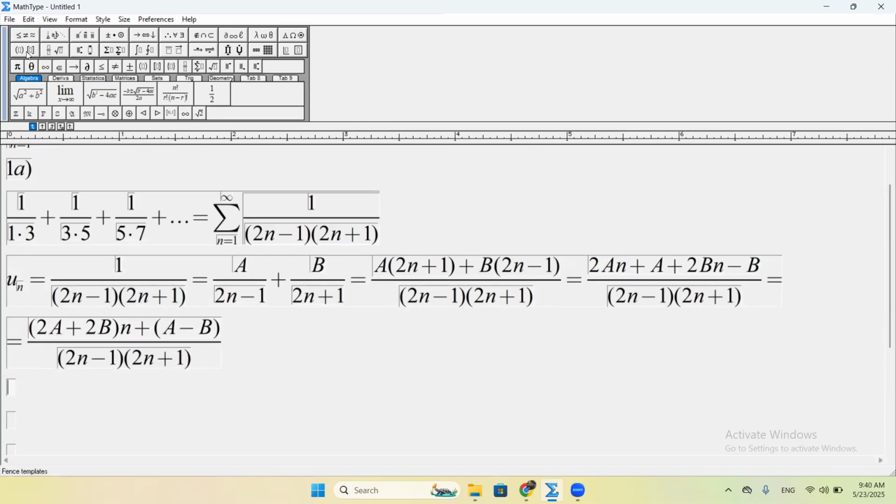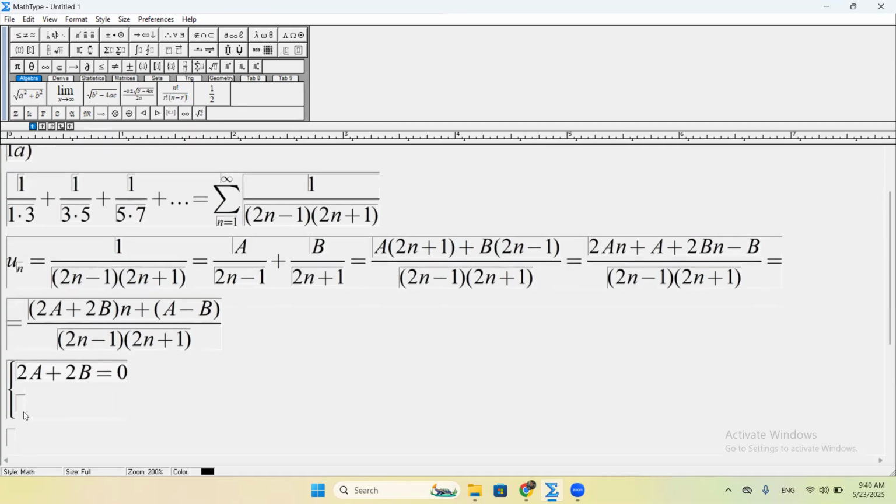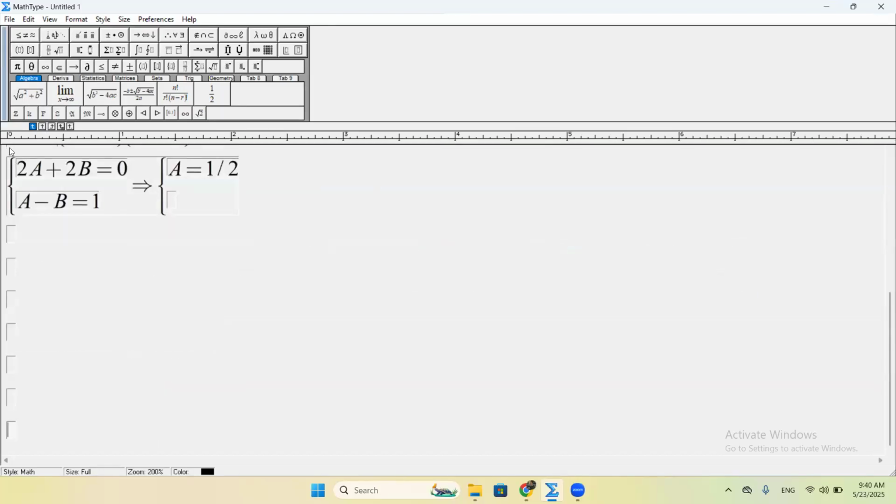So we'll receive the system of linear algebraic equations: 2a plus 2b equals 0, and a minus b equals 1. So it means that a equals minus b. So the solution of the system is the following: 2a equals 1, so a equals 1 over 2 and b equals minus a, which equals minus 1 over 2.